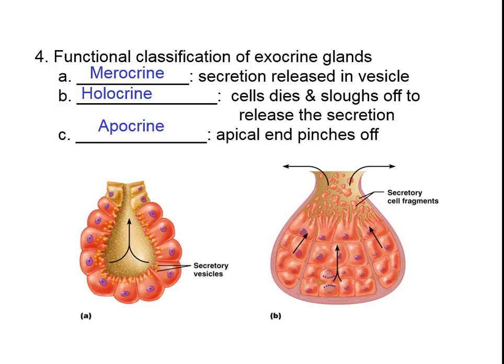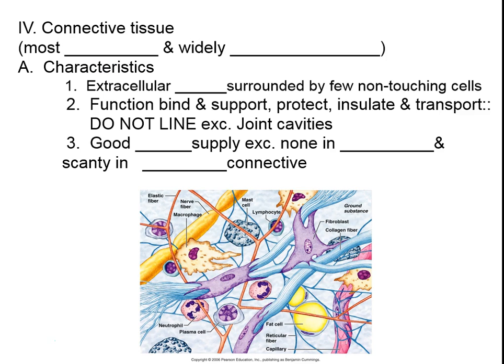So if the apical end pinches off, it's apocrine. If the cell dies and releases its substance, it's holocrine. And most cells are going to release by a little vesicle, exocytosis, into a series of ducts. So you need to know the three different functional classifications of exocrine glands.